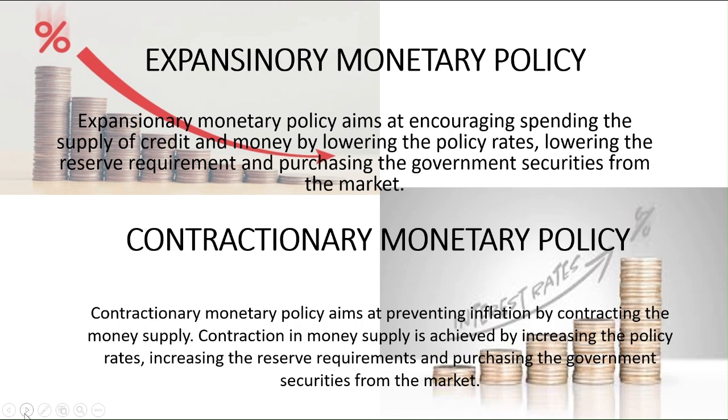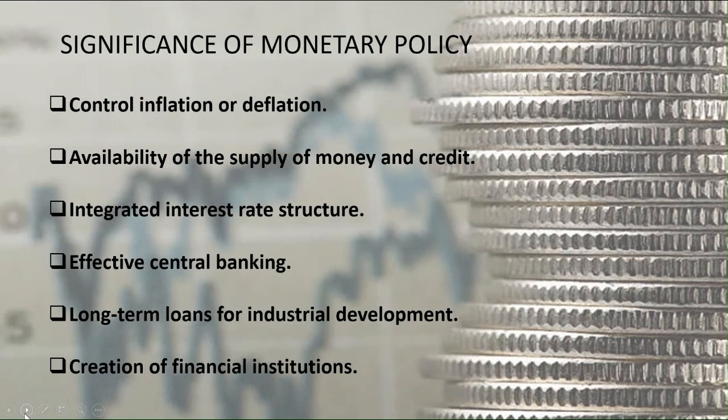Next, let's look at the significance of monetary policy. Inflation and deflation. Inflation happens when prices go up, making money less valuable. Deflation is when prices go down, making money more valuable. Both affect how much people can buy and spend. Central banks manage these changes to keep the economy stable.